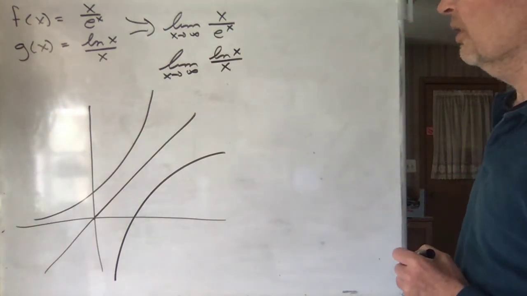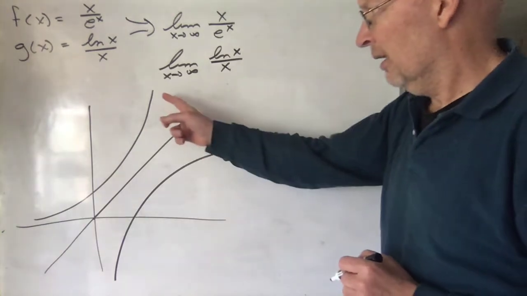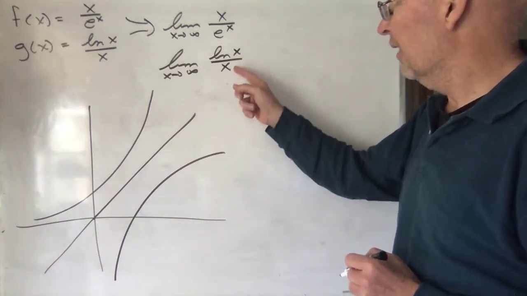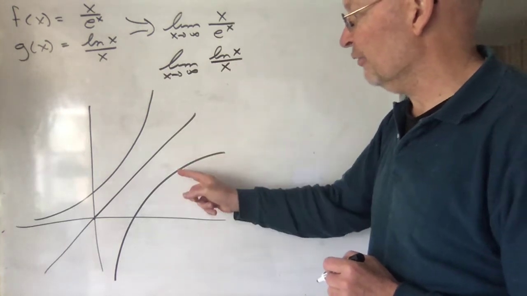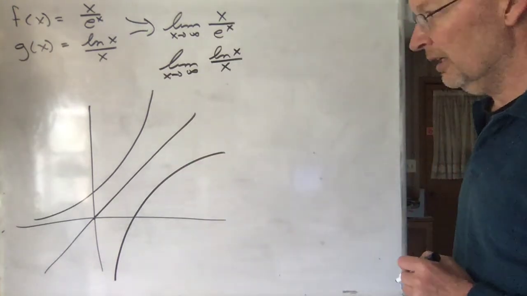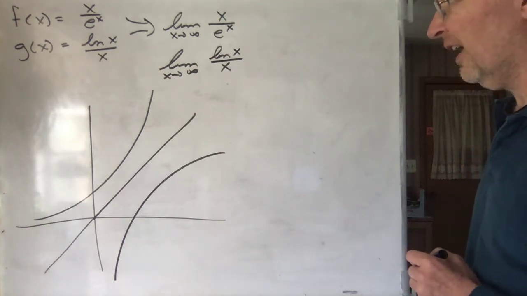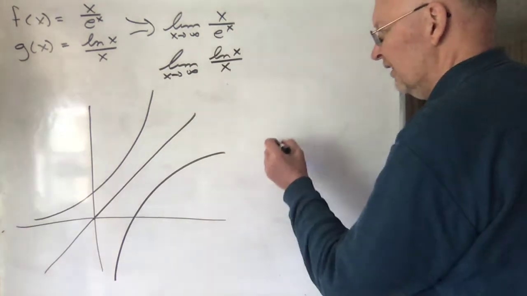So we notice that as x gets big, this thing is getting big faster than this, and x here is getting big faster than the ln of x. Agreed? But just the fact that they're getting big faster doesn't give us any definitive information.